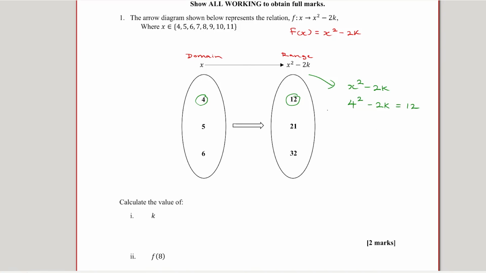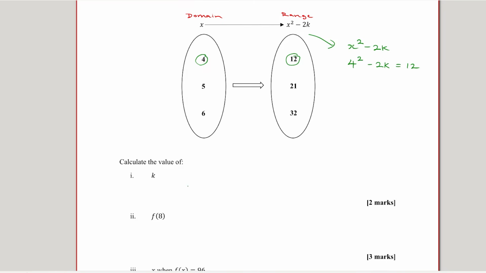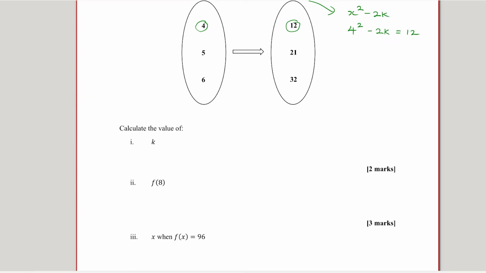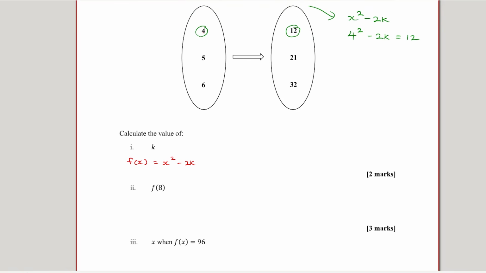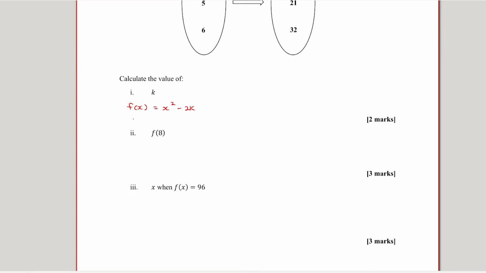Once we are able to formulate such an equation, we should be able to answer part I of this question, which is asking us to calculate the value of k. Remember, the general function that we're working with is f of x is equal to x squared minus 2k. Now when we select an x value, 4, we say f of 4 is equal to 4 squared minus 2k.